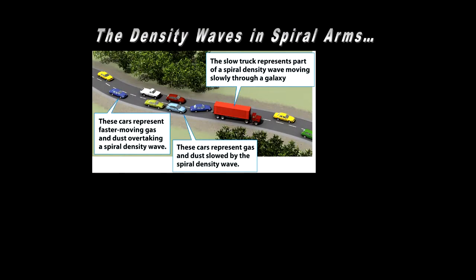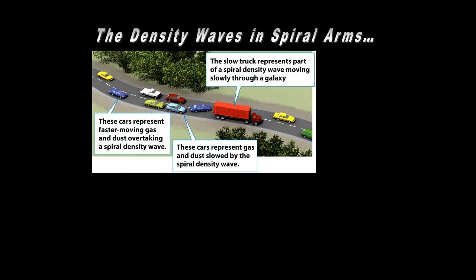So the main thing to keep in mind when considering the spiral structure of galaxies is it is not a rigid system. The stars are not fixed in the arms, but they pass through. So the density wave can be visualized when we consider, say, a slow-moving truck moving down the highway, and the cars behind it bunch up behind.